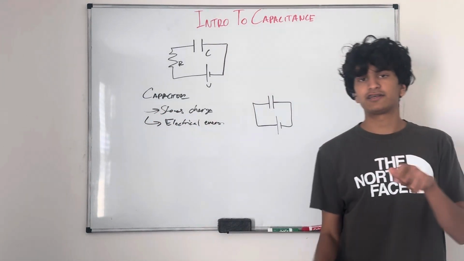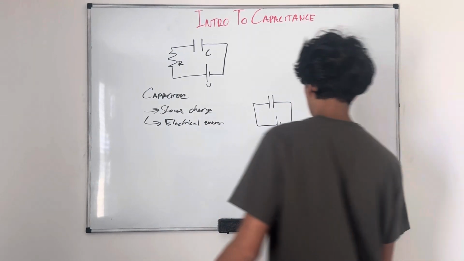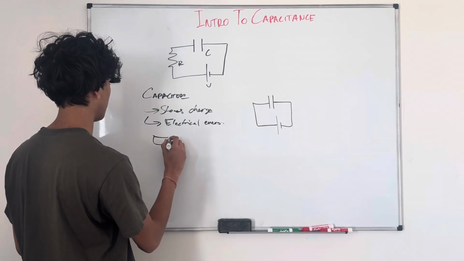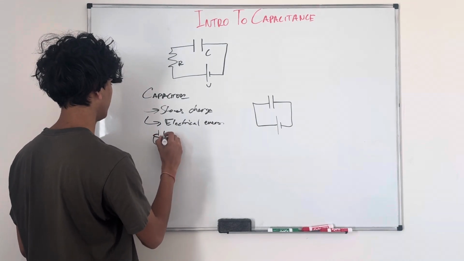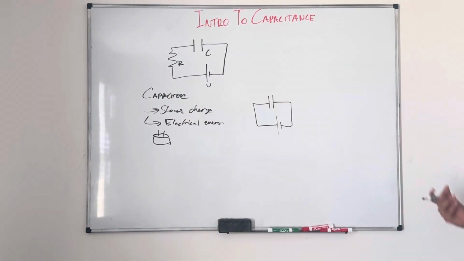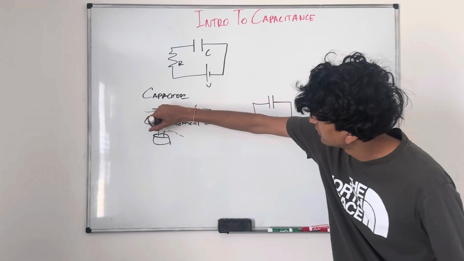If you go to school and you take a capacitor, it kind of looks like this. I don't really know how to draw it. Then you take your little wires and hook it up to these metal thingies.